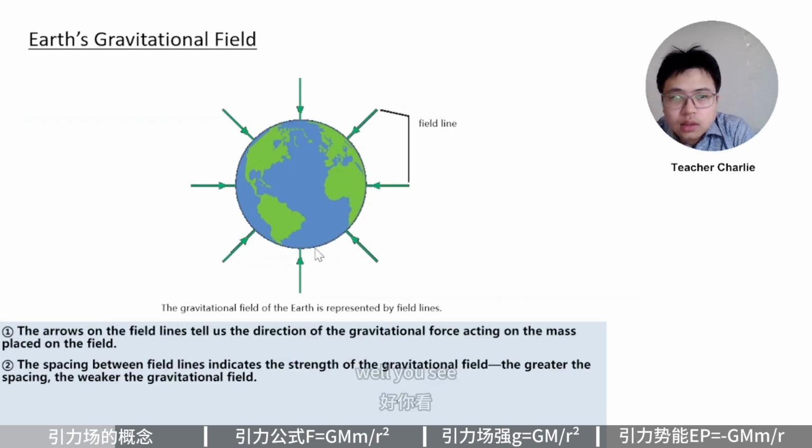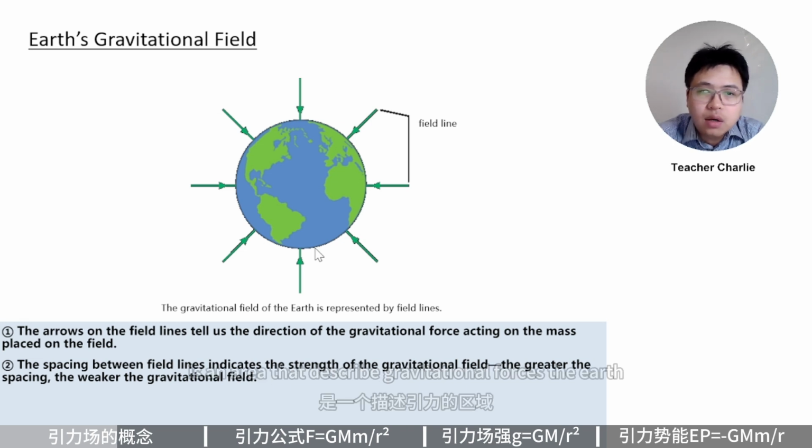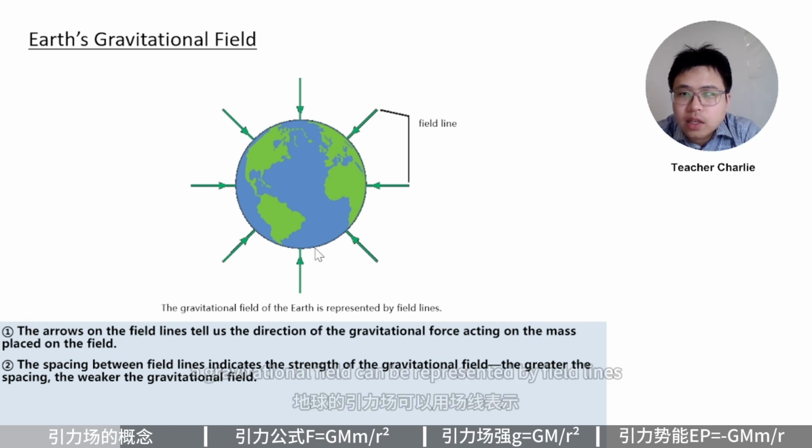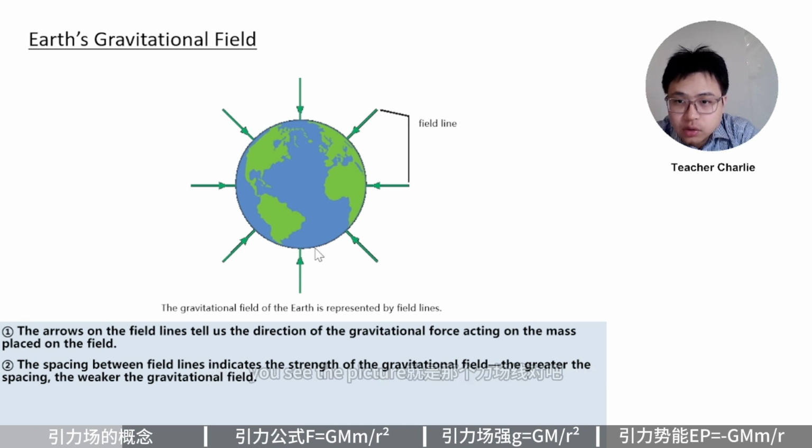Well, you see it. A gravitational field is an area that describes gravitational forces. The Earth's gravitational field can be represented by field lines. You see the picture, the field lines of the gravitational field, with arrows pointing towards the center of the Earth to show the direction of the forces.